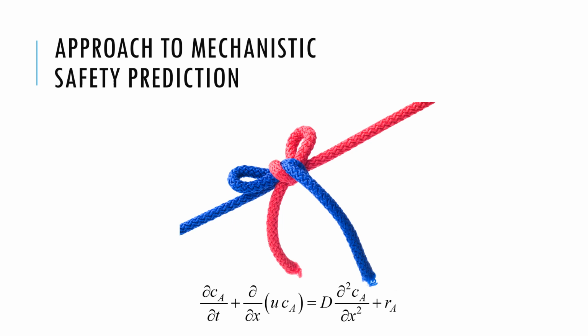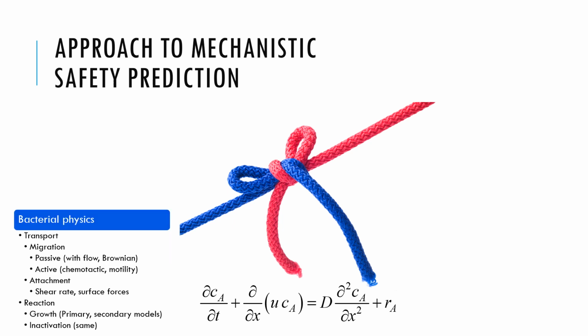Again, because we want to do this in a mechanistic way, we think of the transport equation as providing the framework for the bacterial physics, and let's get into more details of that. So what is bacterial physics? It can be transport, and transport in turn can be, let's say, migration or attachment.